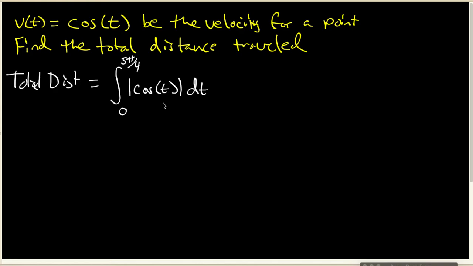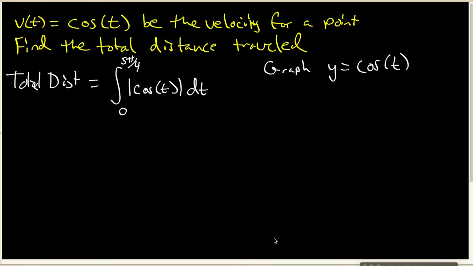Now, to figure out what I'm actually integrating, I need to graph y equals cosine of x. Or technically, I'm graphing y equals cosine of t, so let me put a t in there just for consistency.